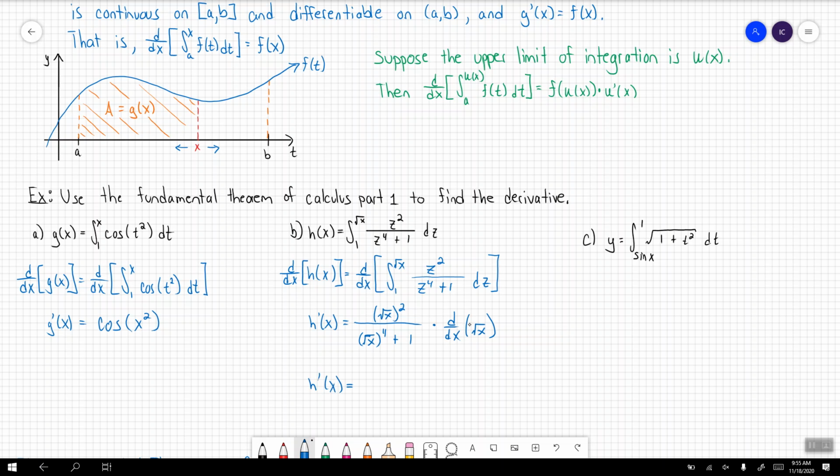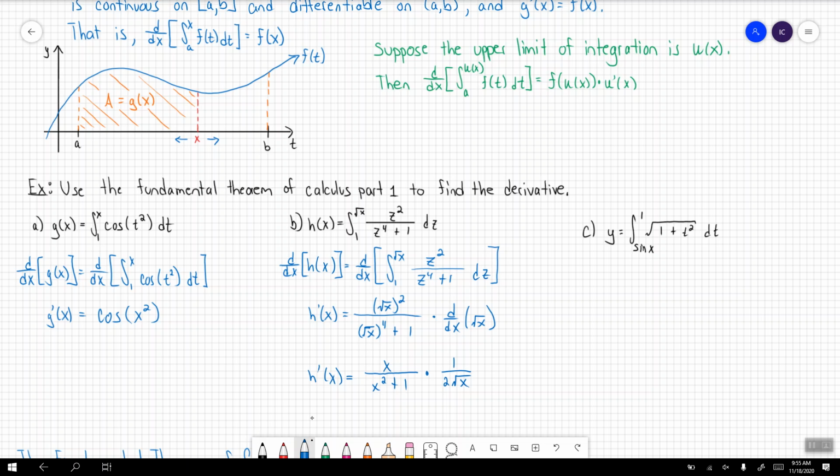So here, h prime of x, let's see, I want to calculate the derivative here first. The derivative that I'm going to calculate first is going to be 1/2 x to the power of negative 1/2. All right, so I'll keep that in my back pocket. Square root of x squared, that's going to just be x. Square root of x to the fourth, that's going to be x squared plus 1, multiplied by that derivative, which we said was 1/2 times the square root of x.